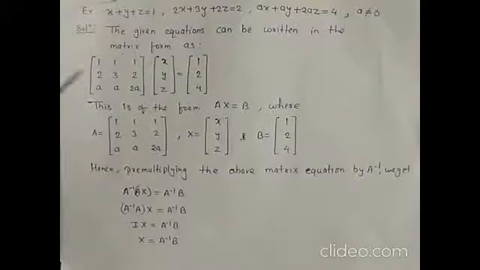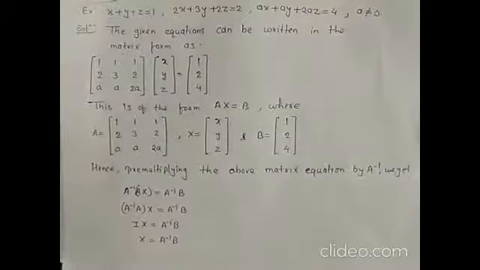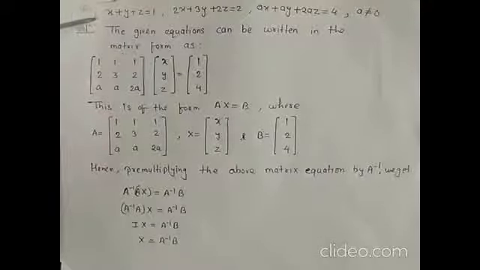In this way, this into matrix x, y, z equals matrix 1, 2, 4. This is a system of linear equations in matrix form, and we know how we get it. Just by multiplying this we will again get the system of linear equations.